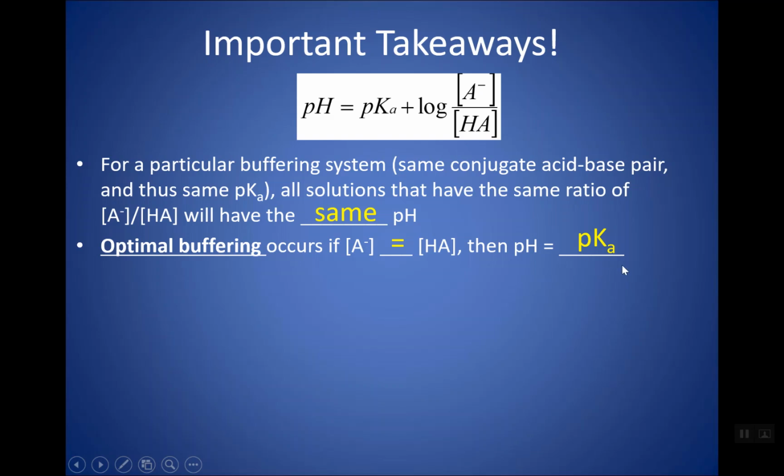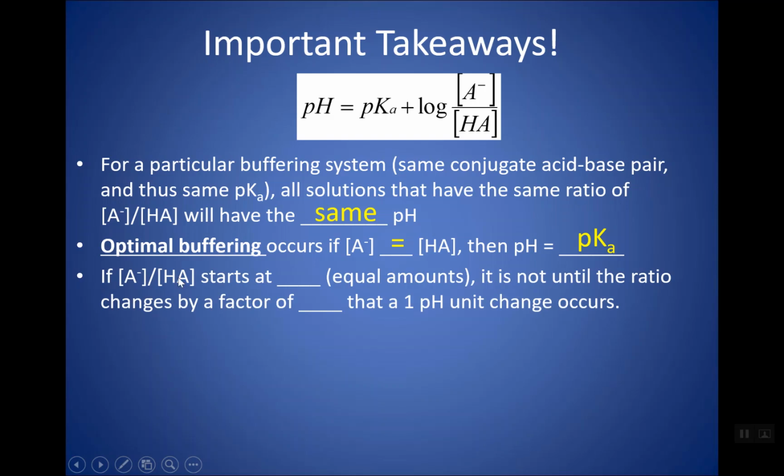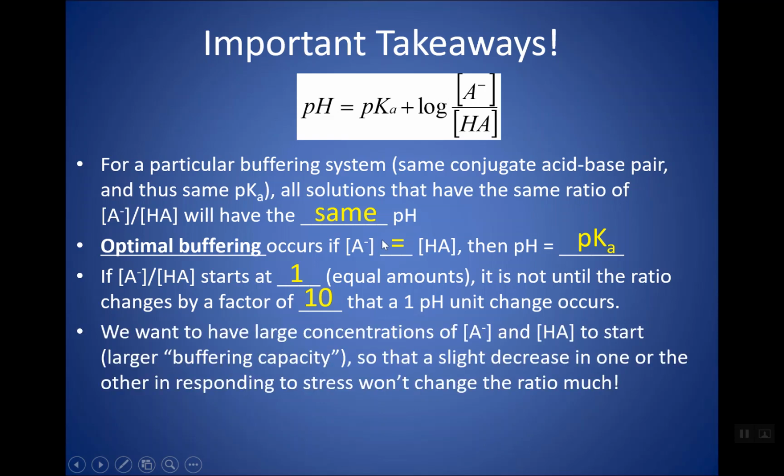Now if this fraction starts to change, if you start at 1 and it starts to change, it is not until this fraction changes by a factor of 10, log of 10 is 1, so only when this changes by a factor of 10 will the pH start to change by 1 unit, because you'd be adding log of 10, which is 1.